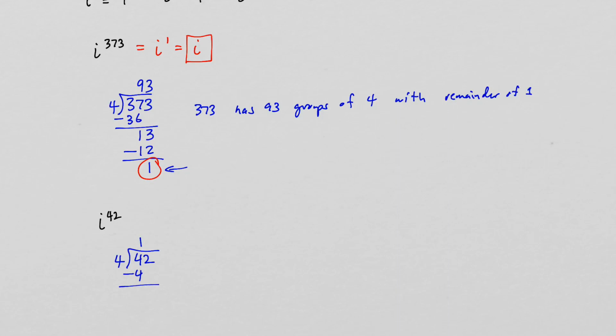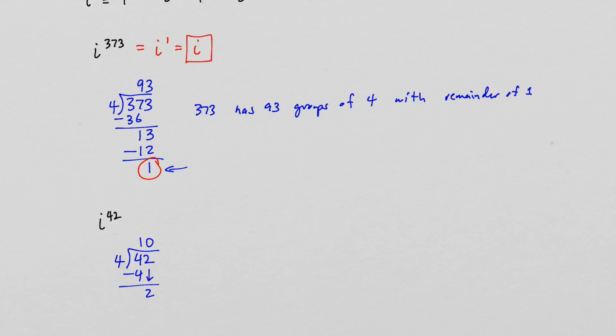Subtract, bring down the 2. 4 goes into 2 0 times, and that is your remainder. So we know that 4 goes into 42 10 times with a remainder of 2.